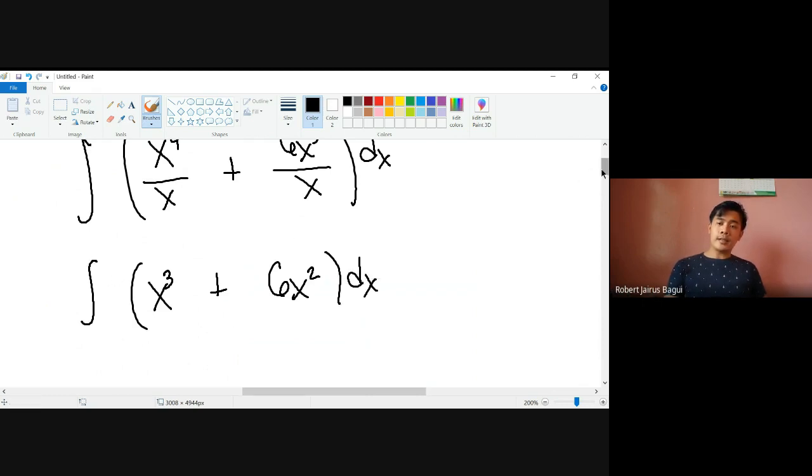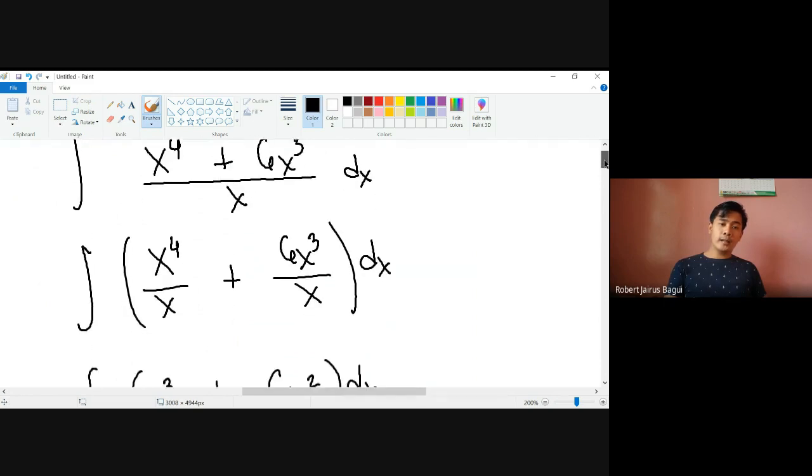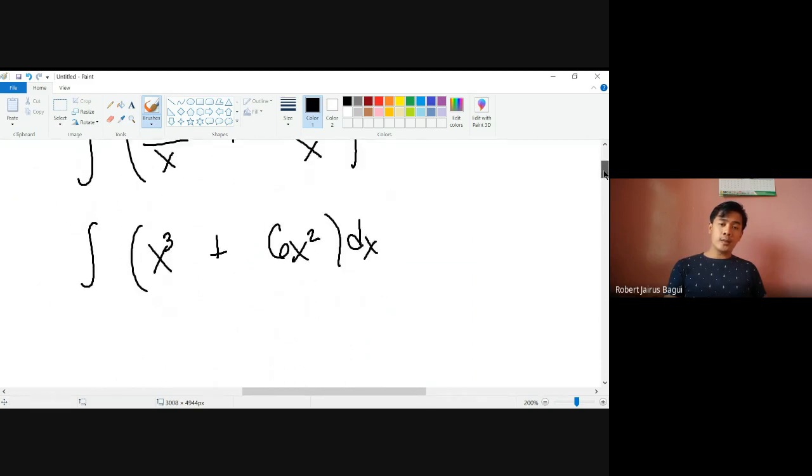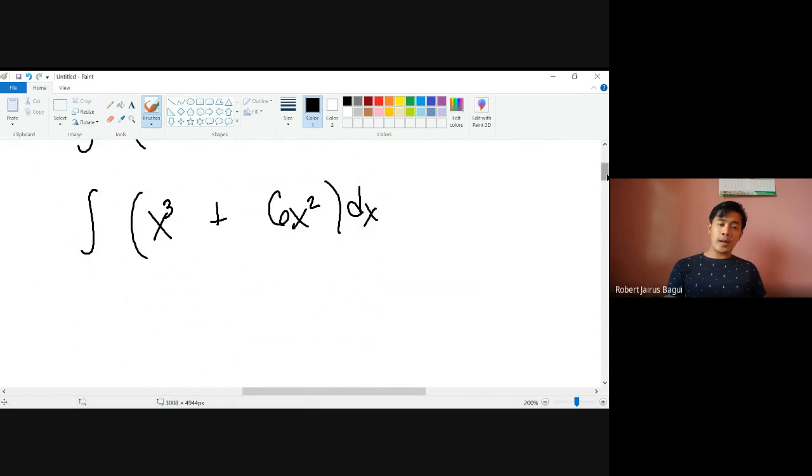So yan, since ganito na yung form niya, change ko na siya. So parang kahawig na siya nung isang equation katulad nung kanina. So just distribute the integral sign and yung sa dx, integral ni 6x squared dx.